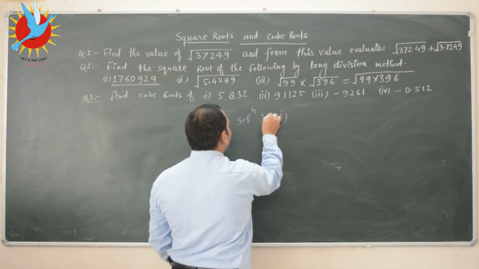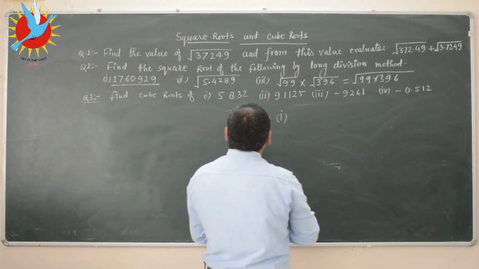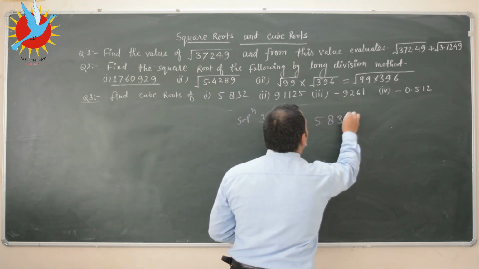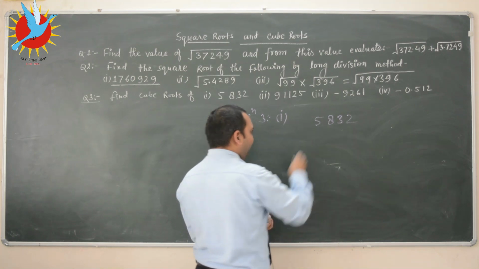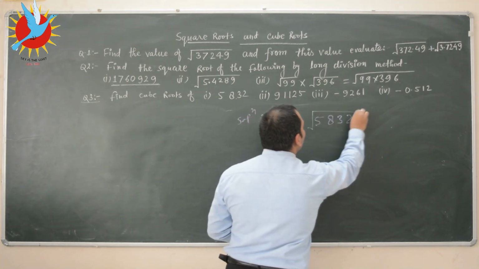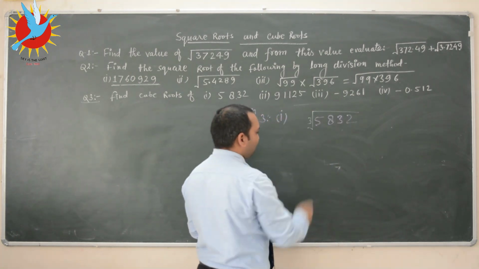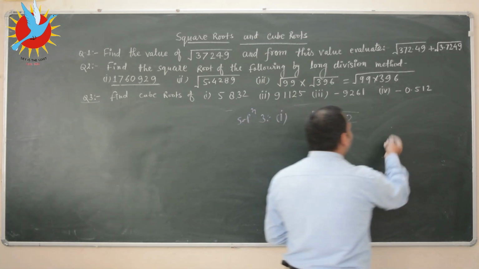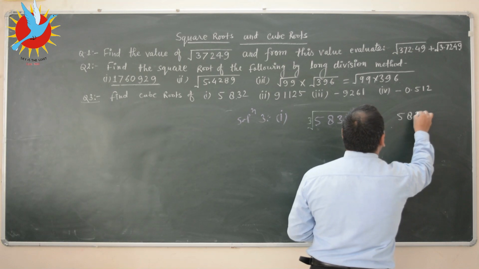Then we write in the cube root here 5832. What is the prime factorization of 5832?